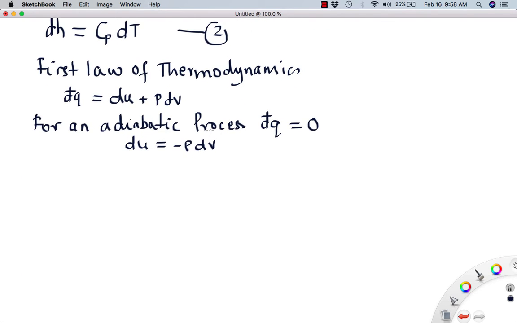So we can substitute this equation in our equation 1. So just a reminder, we got this equation in our equation 1. So CV dT is equal to negative pdV. Okay, that's from equation 1. So let's put this pdV in this equation.